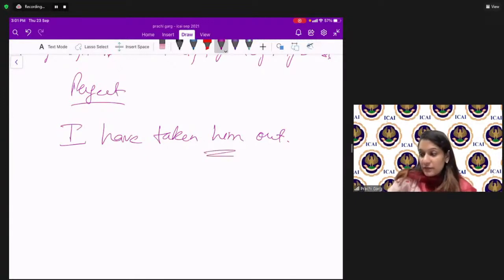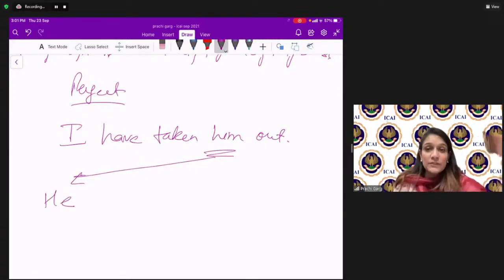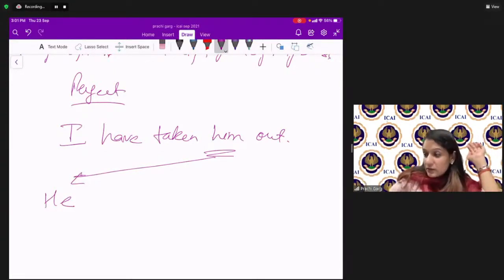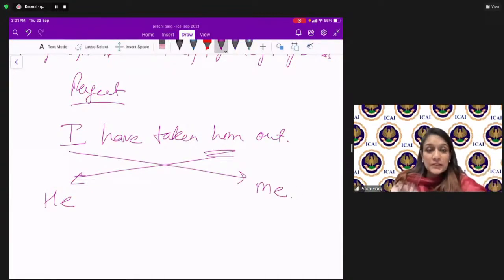So this him will come in front and become he, because now I will be using it as a subject. Then who has taken? I. So I will become me because it is coming towards the end of the sentence. This is called the change of pronouns from nominative case to objective case. Now the subject is becoming object here, so I will become me.